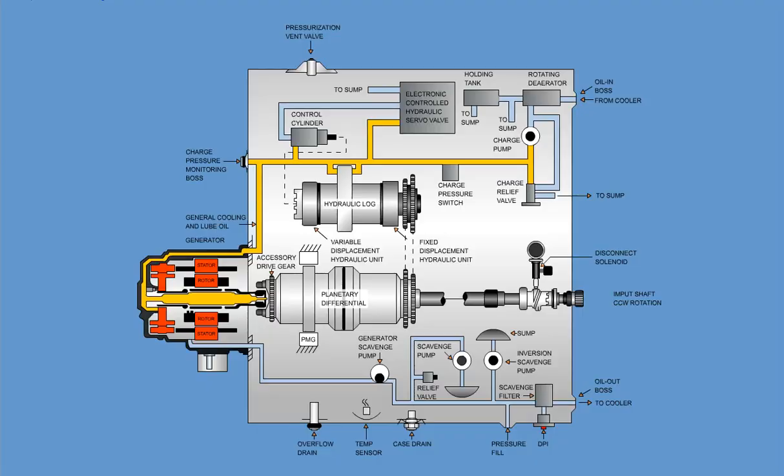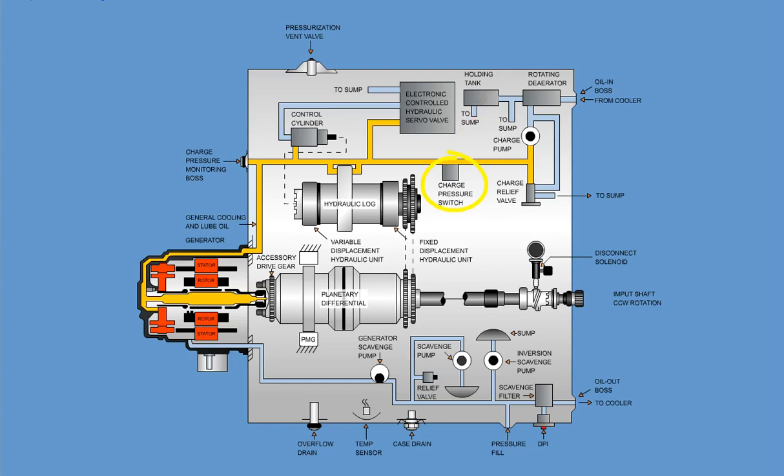In case the operational oil pressure in the IDG drops below 140 plus or minus 25 psi, the charge pressure switch inside the CSD closes. The GCU interprets this as a low oil pressure condition.